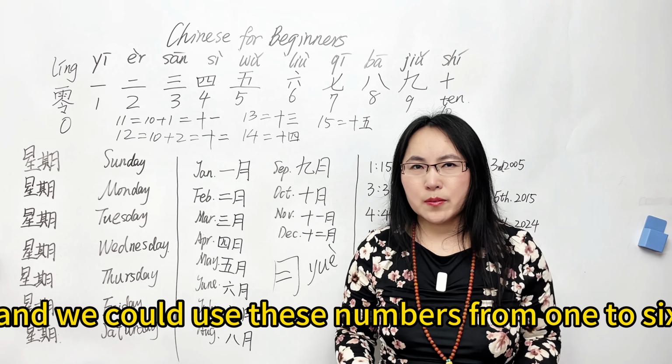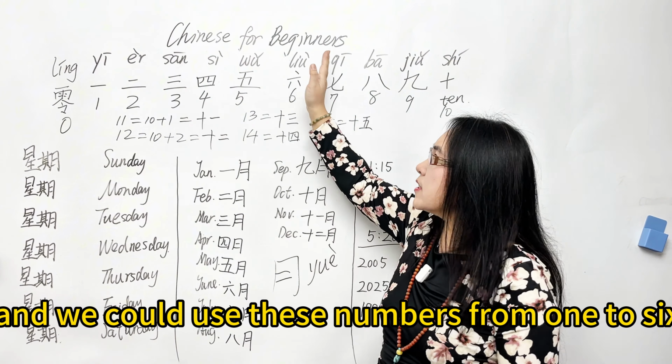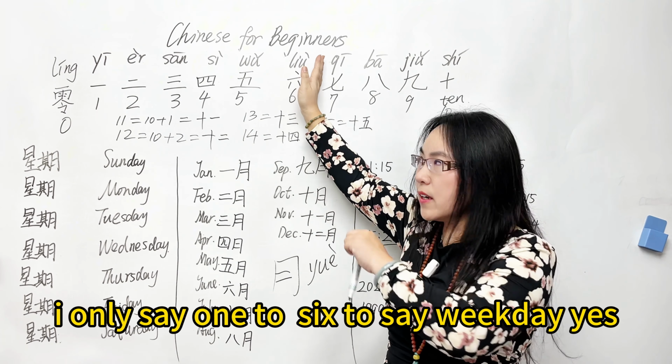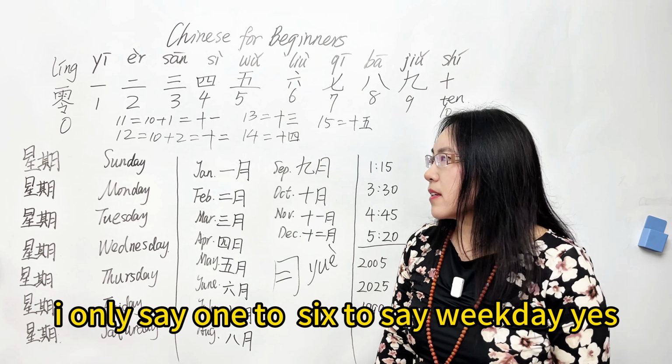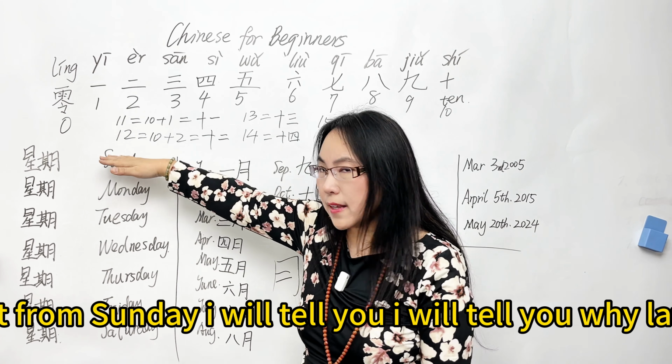Okay, and we could use these numbers from 1 to 6. Note, I only say 1 to 6 to say the weekday. Yes, the weekday from Monday, not from Sunday.